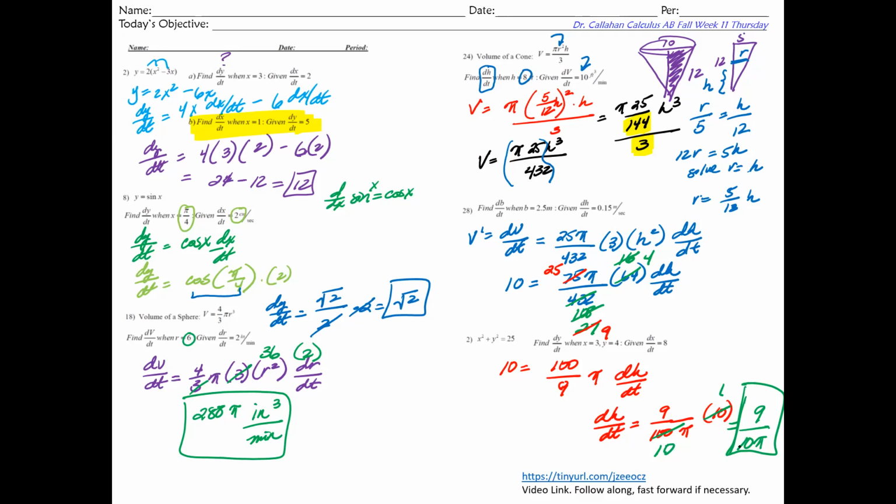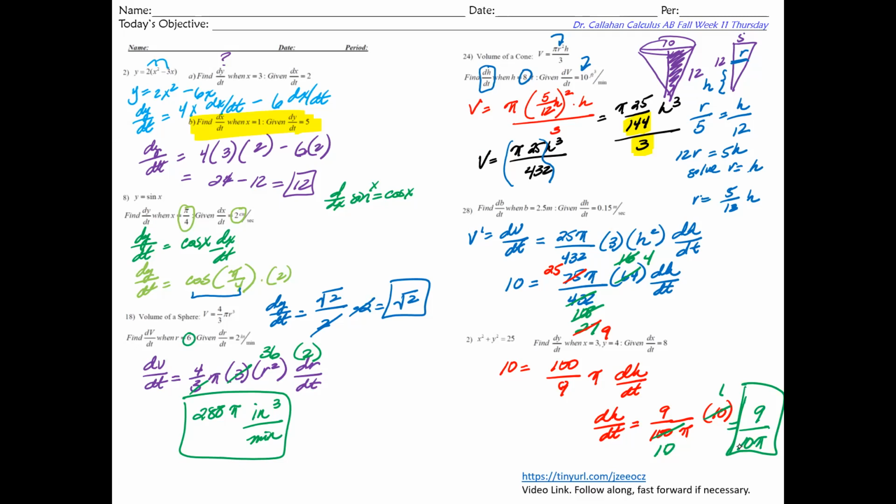All right, you guys, I hope you're feeling good about this. I know this is a bit of work, but I think this is important to do in order to understand how you're dealing with this. I think for number 2, it's not too bad. Number 28 is not too bad either.